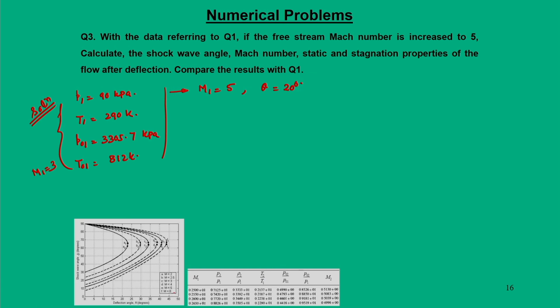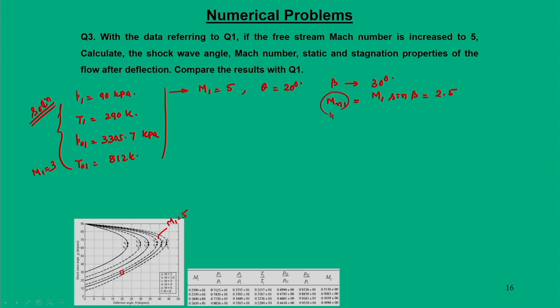So, when M1 becomes 5, we refer to theta of 20 degree and M1 of 5 in the theta-beta chart. This particular location will give you beta equal to 30 degree. When beta is 30 degree, we can find Mn1 as M1 sin beta. So, this is 2.5.